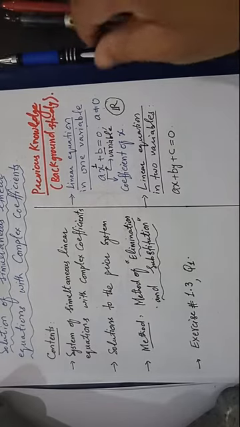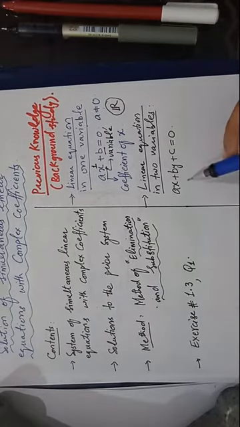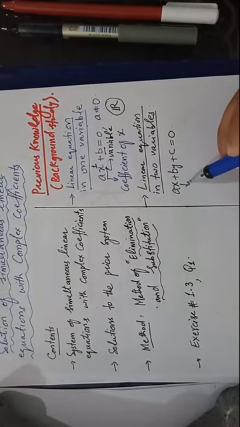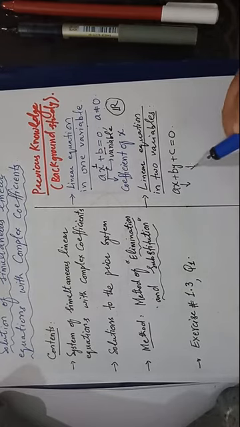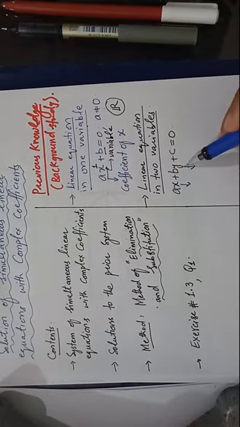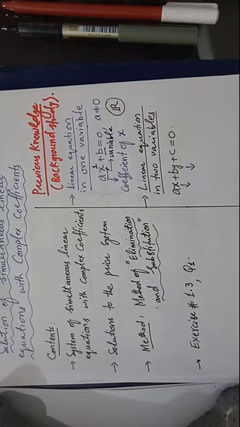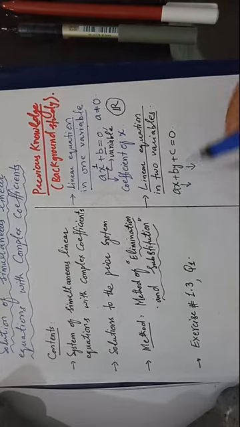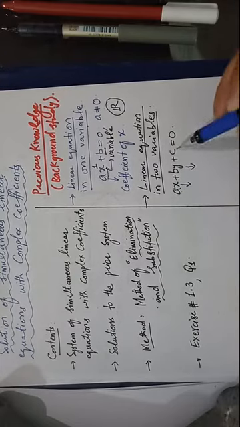You see that in this equation we have two variables. So there are two variables, x and y, which are unknowns. And a is the coefficient of x, b is the coefficient of y, and c is a constant term.